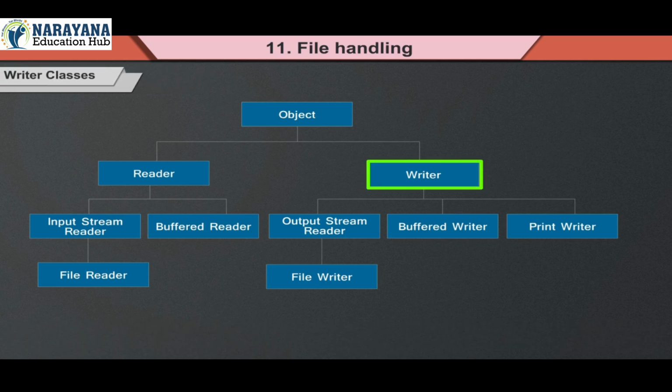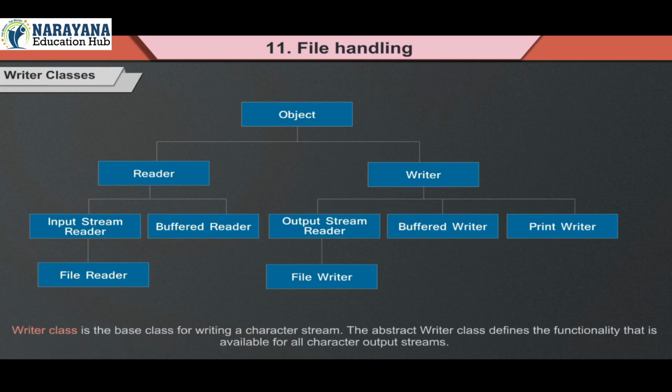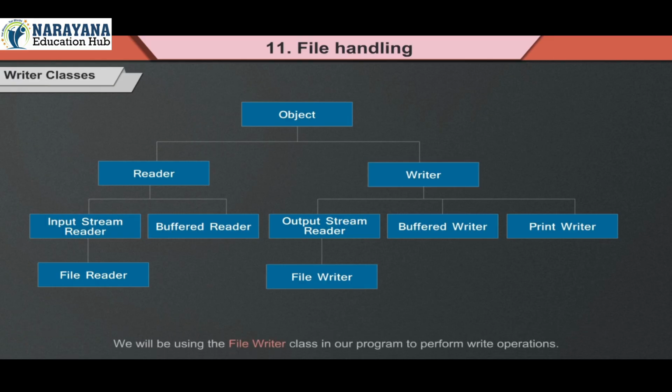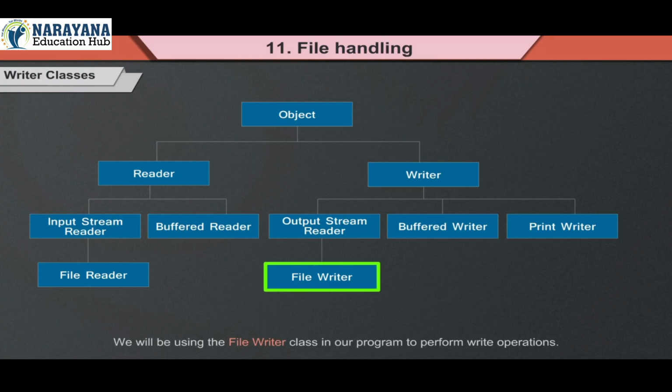Writer classes. The Writer class is the base class for writing a character stream. The abstract Writer class defines the functionality that is available for all character output streams. We will be using the FileWriter class in our program to perform write operations.